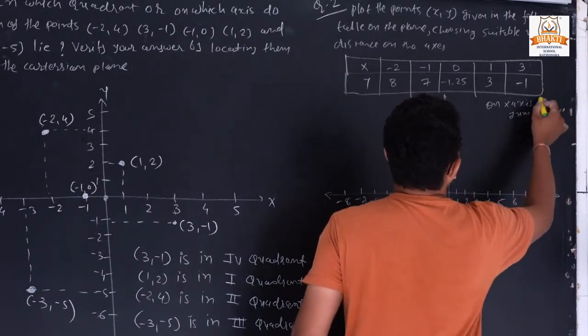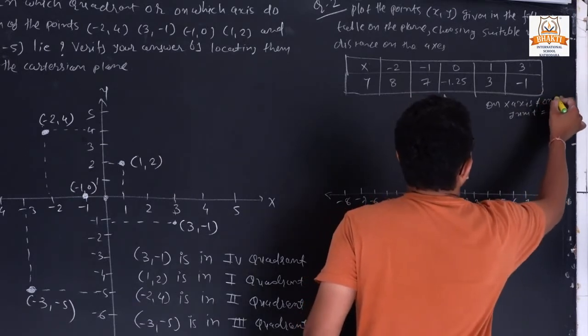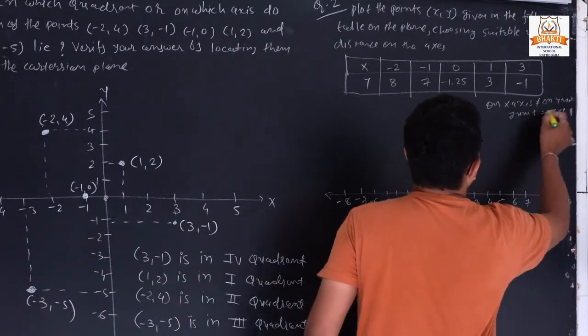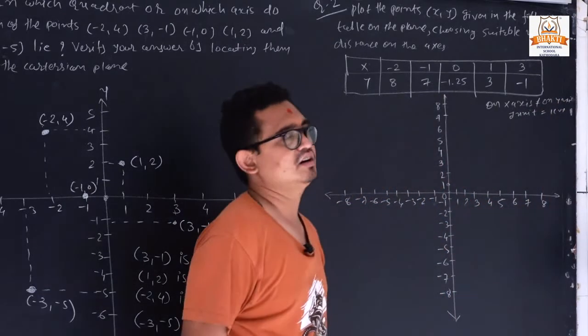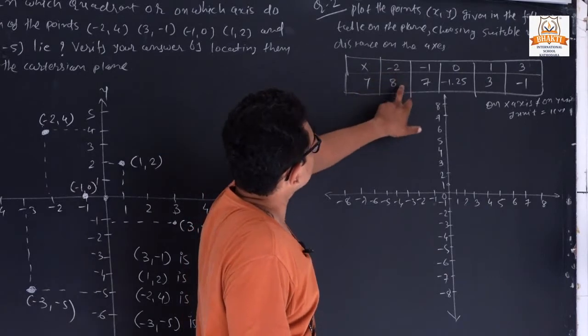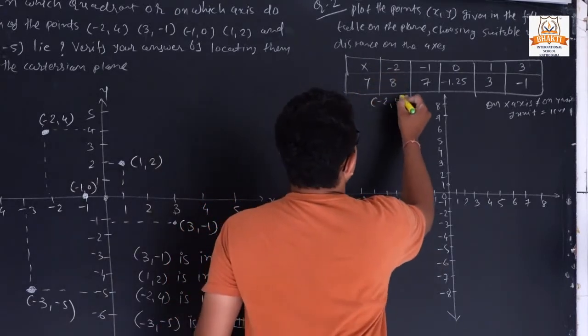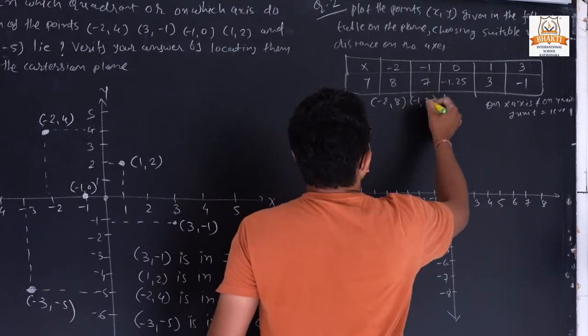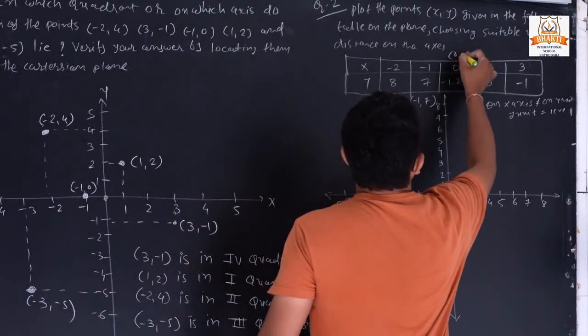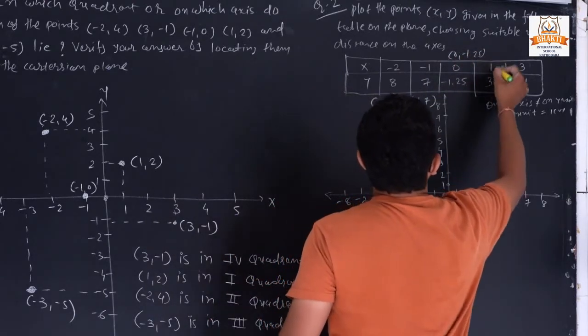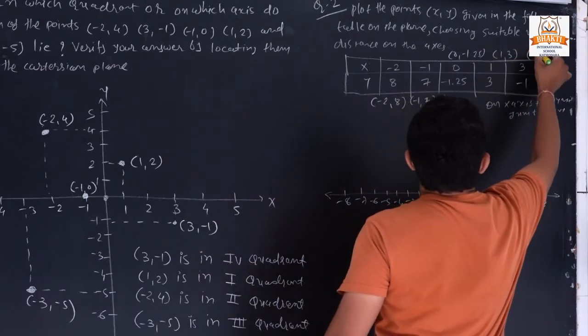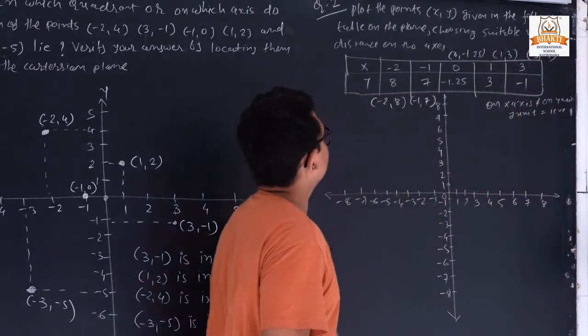Same on the y axis, 1 unit is equal to 1 centimeter. Now the first point is (-2, 8), then (-1, 7), then (0, -1.25), then (1, 3), and then (3, -1).